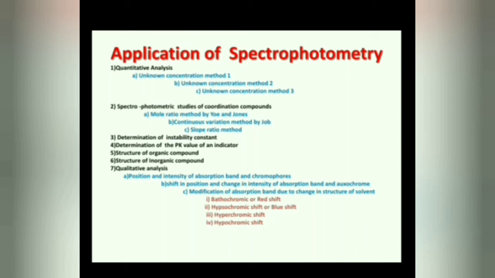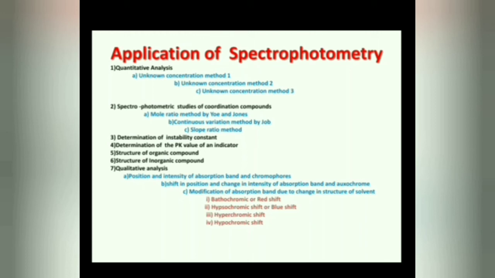Such an auxochrome group, when attached to the chromophore, brings a change in the position and intensity of the wavelength. For example, benzene shows the absorption maximum at 255 nanometer with band intensity 203, but when an auxochrome like the NH2 group gets attached to the benzene ring, it exhibits the absorption maximum at 280.